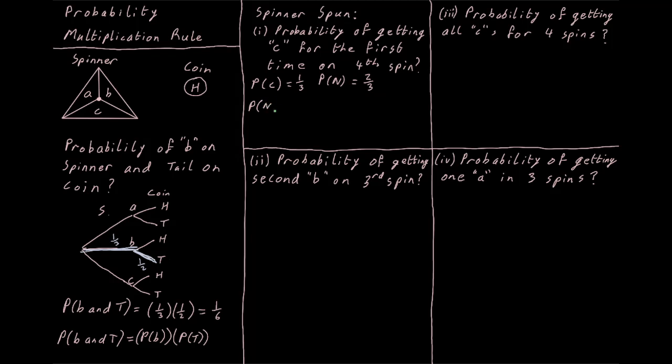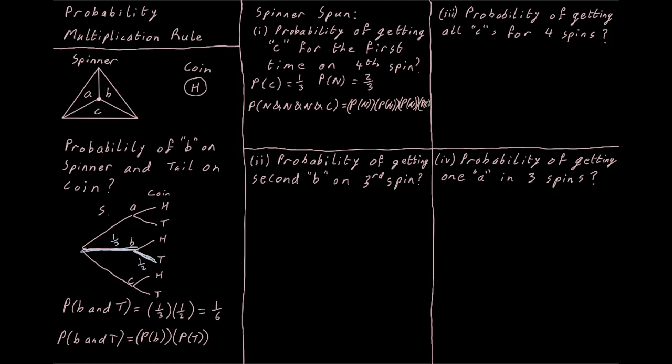So I'd have to not get a C, and not get a C, and not get a C, and then finally on the 4th go, I would get C. And I know from my work down here that that's going to be the same as multiplying all those things together. So the probability of not getting a C multiplied by the probability of not getting a C times the probability of not getting a C times the probability of getting a C.